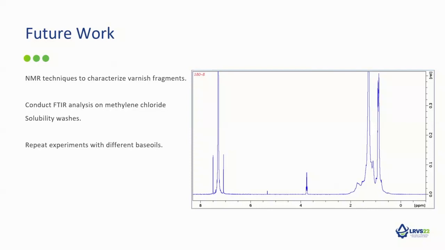And finally, we'll repeat these experiments with different base oils, because if you recall from the introduction, one of our questions was, is selecting a base oil something that needs to be considered? At this point, we're also seeing that this may be something we need to look at when comparing choices for selecting an antioxidant.